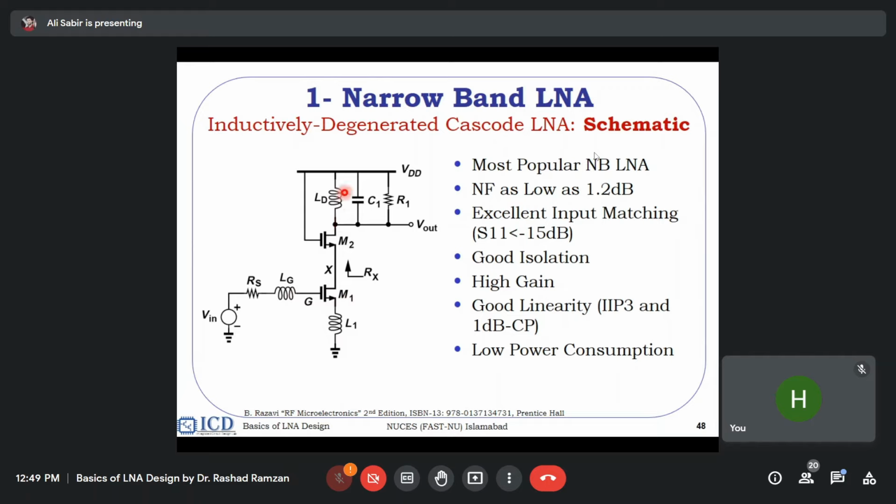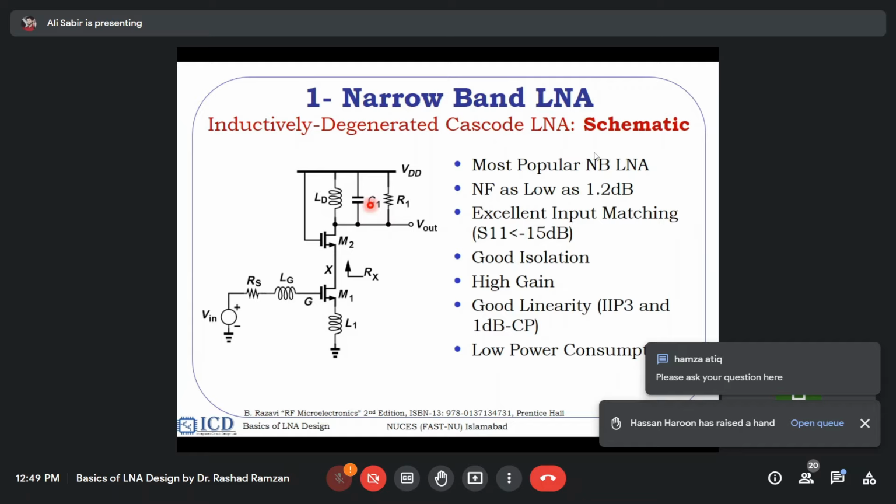Now here on the top we have one resistor. So we are putting a filtering network. This is a narrowband LNA, so we are putting an LC tank here, which is a filtering network. We want to optimize the gain at a desired frequency. And we do not want to use the resistor because the resistor contributes to the noise.